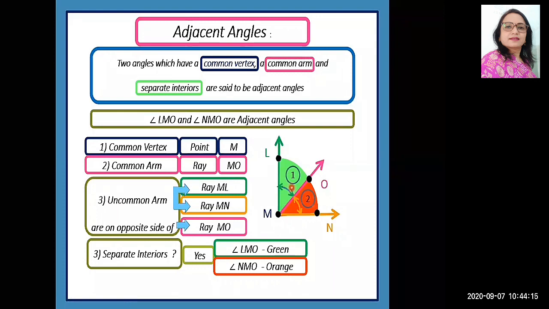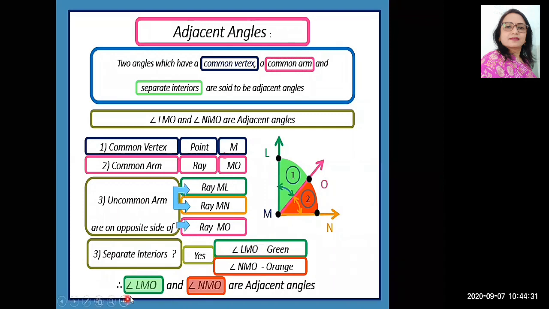The interior inside each house is different for both. So here all the conditions are fulfilled. So these two angles are called adjacent angles. Therefore, angle LMO and angle NMO are adjacent angles.